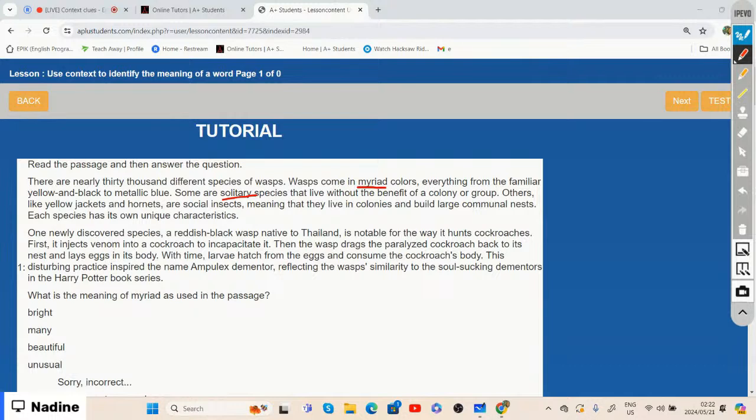First, it injects venom into a cockroach to incapacitate it. Then, the wasp drags the paralyzed cockroach back to its nest and lays eggs in its body. With time, larvae hatch from the eggs and consume the cockroach's body. This disturbing practice inspired the name Ampulex dementor, reflecting the wasp's similarity to the soul-sucking dementors in the Harry Potter book series.